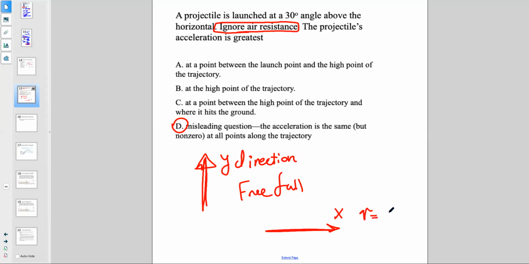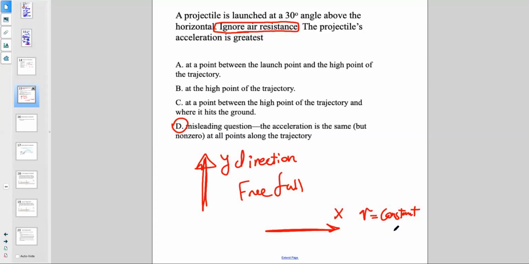So we have a constant velocity type of thing. All right, so just have that in mind as well. It is very important. Along the y direction, we have a free fall. Along the x direction, we have a constant velocity motion.